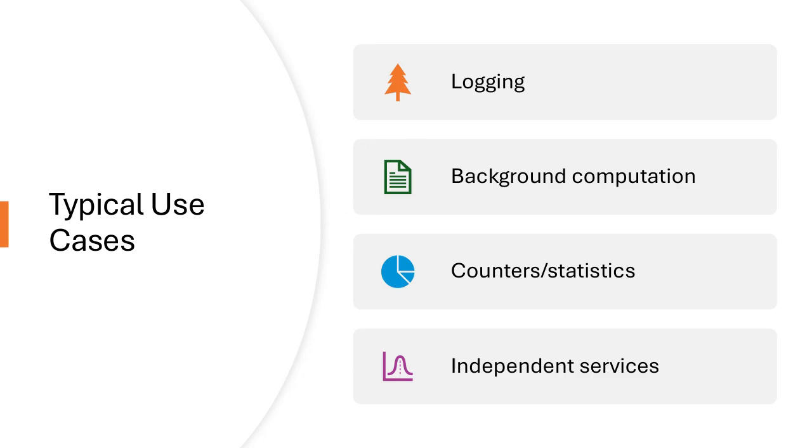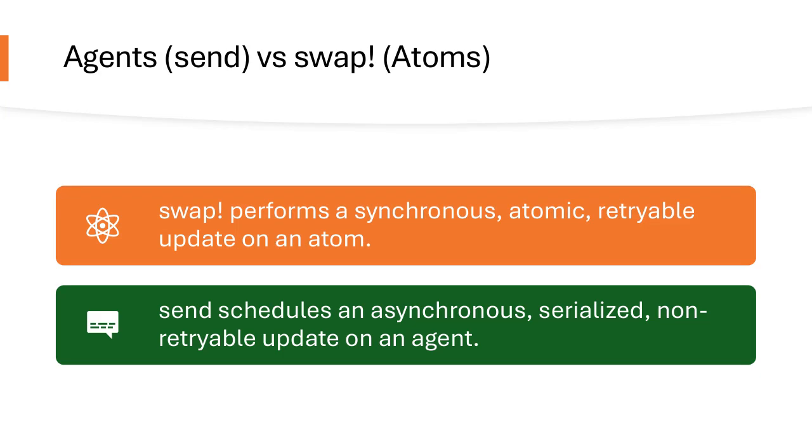When we compare swap and send, the key difference lies in how they handle updates. Swap works with atoms by performing updates synchronously and atomically, which means the change happens immediately and is guaranteed to be consistent. Plus, swap can retry if there's a conflict, ensuring the update goes through correctly.